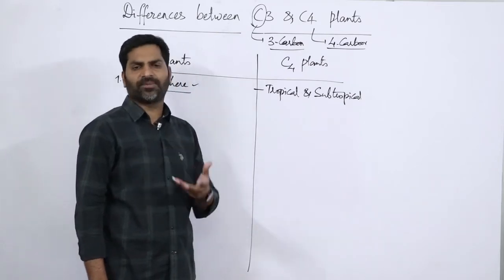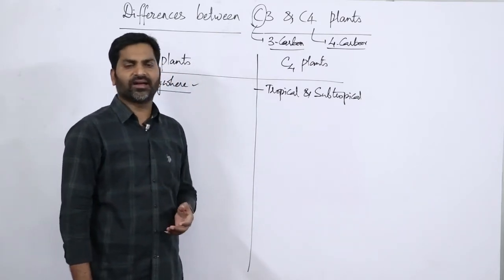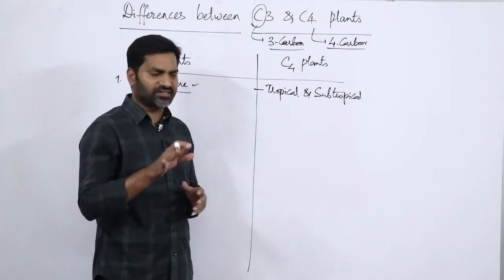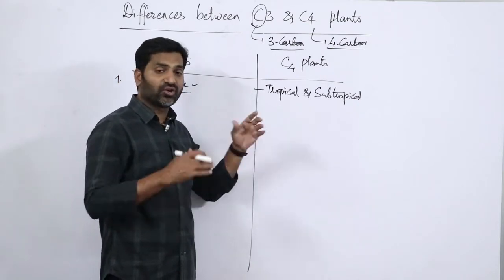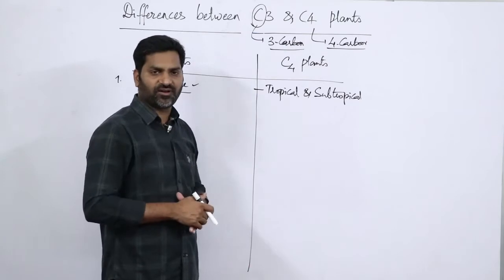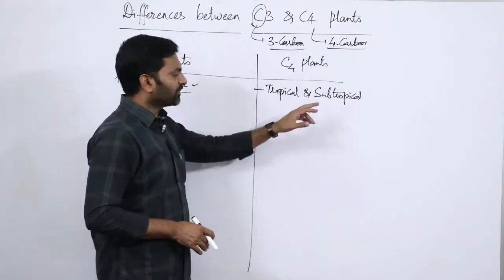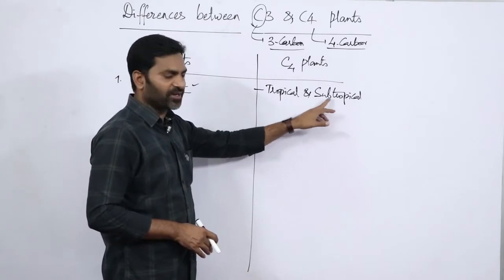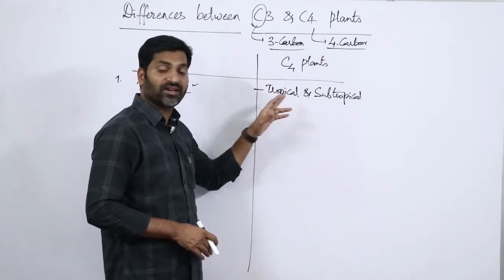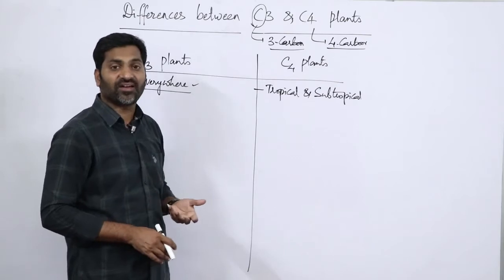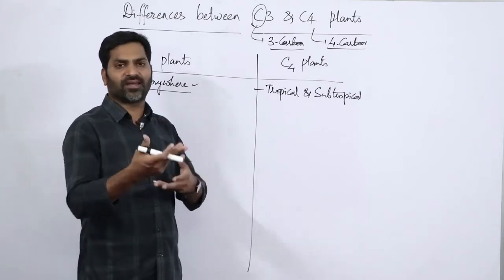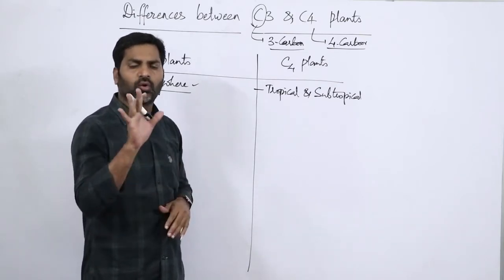For example, in India, the southern part falls under the tropical region, and some parts of North India fall under the subtropical region. The temperature is somewhat less in subtropical and more in tropical, whereas temperate regions have much lower temperatures, that is called cold temperatures.